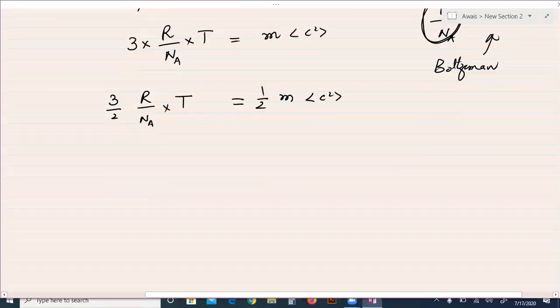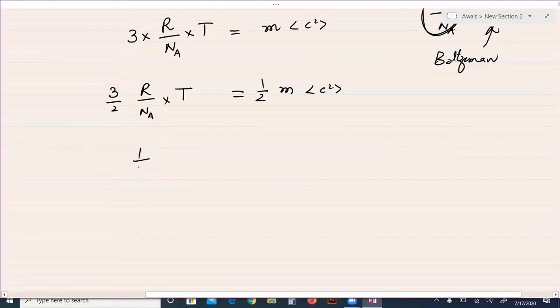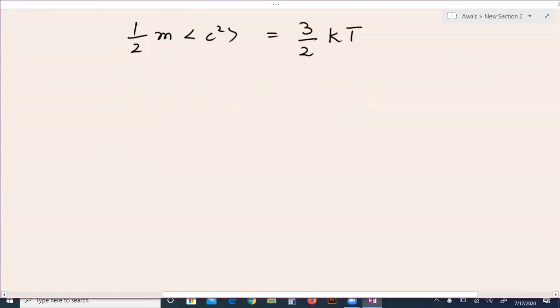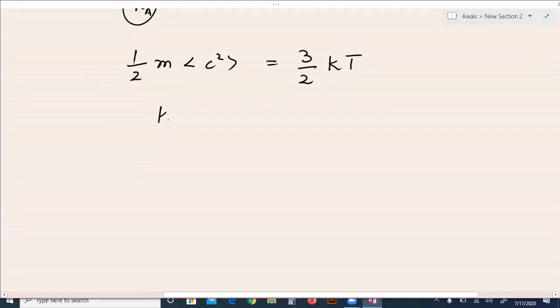So instead of R over NA, we can write k. So 1 by 2 m mean square speed equals 3 by 2 kT, where k is this. Now, this is the kinetic energy of one molecule, but this energy is the average kinetic energy due to this speed, and this mass is just one molecule. So this is the average kinetic energy of one molecule in the ideal gas. It is 3 by 2 kT.